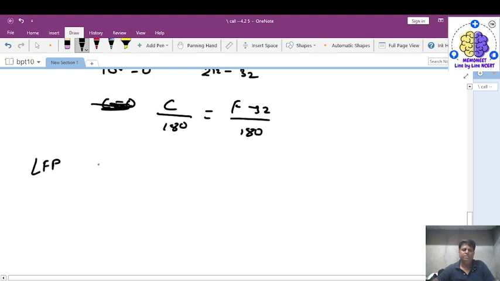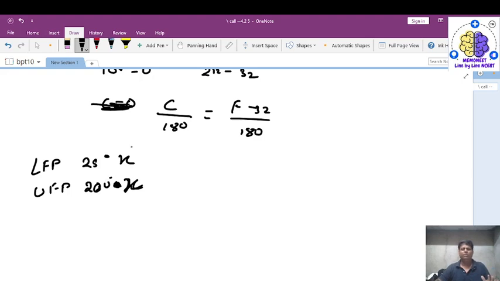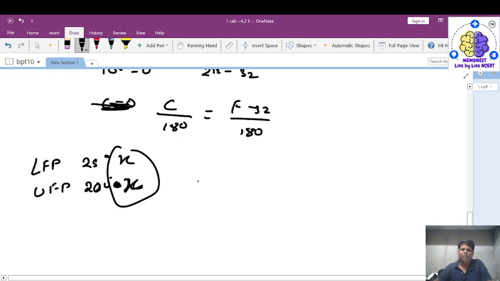Now suppose in the question they say to convert a temperature to a scale which has its lower fixed point as, let's say, 25 degrees centigrade and upper fixed point as 200 degrees centigrade, and let the name of the scale be X. So we need to convert a temperature in degrees centigrade to a temperature in X. The formula for that conversion will be C upon 100, that is the temperature in degrees centigrade minus its lower fixed point upon number of divisions, is equal to the temperature in X minus its lower fixed point, which is 25, upon upper fixed point 200 minus lower fixed point 25.